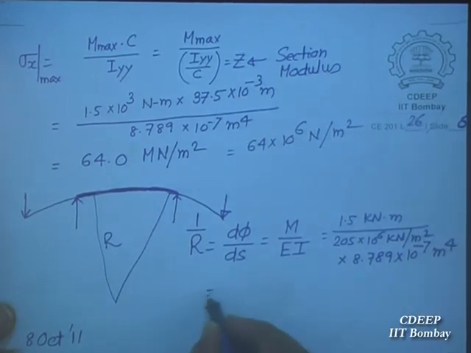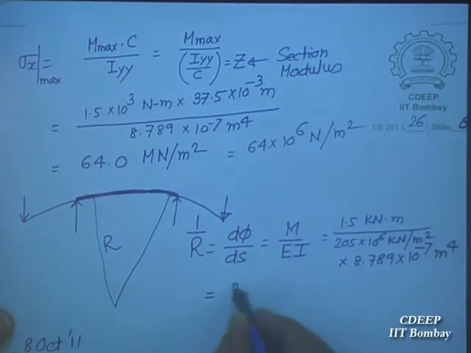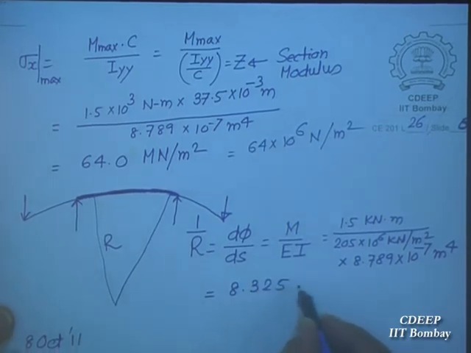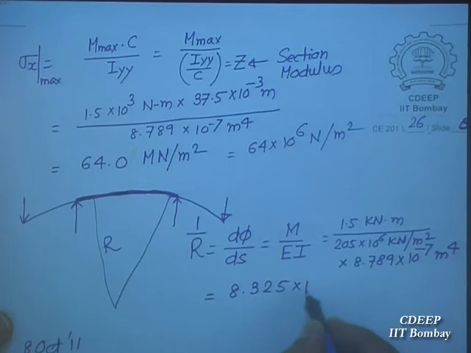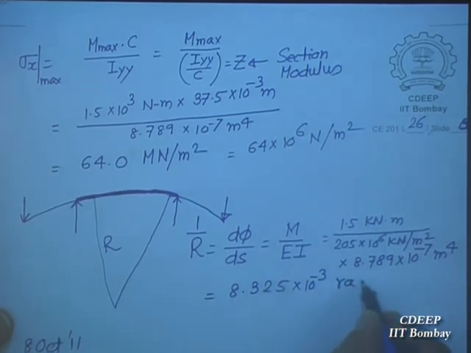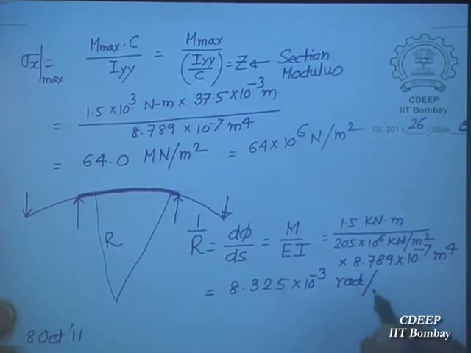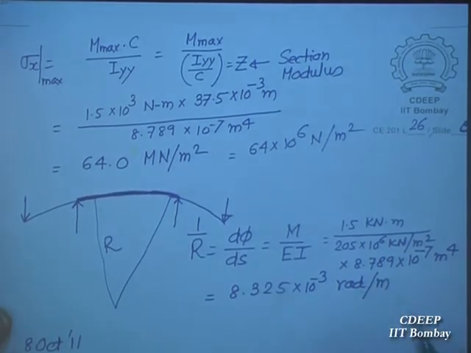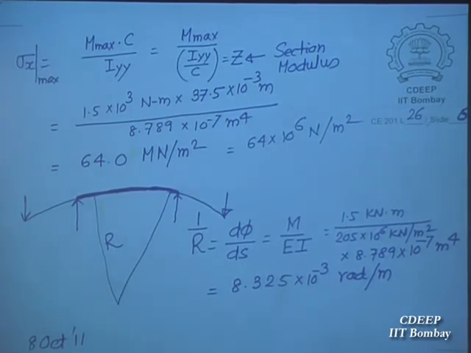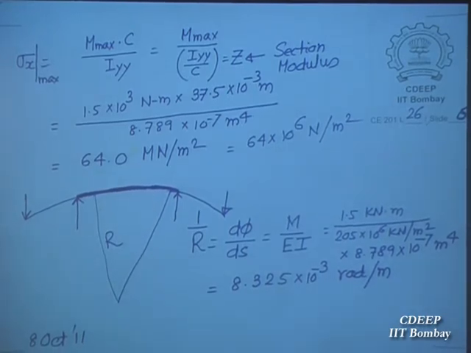So this comes out to be 8.325 into 10 to the power of minus 3 radians per meter. That is 1 by R. Radian has no unit, so it is 1 by meter.